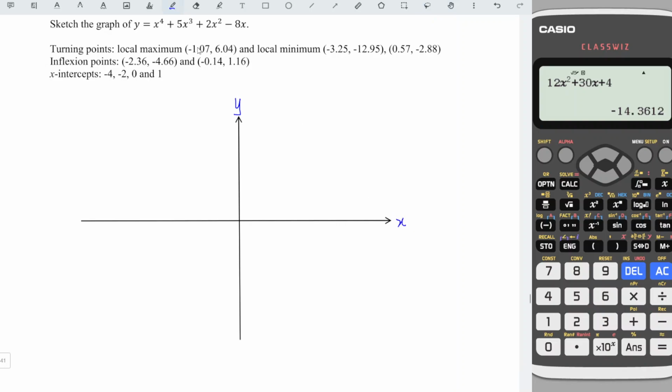We can first locate the turning points. A local maximum is supposed to have a crying face, a local minimum a smiley face. We can roughly see the shape. So for the x-axis we have -1, 2, 3, and 4. So positive 1, 2, 3, and 4.